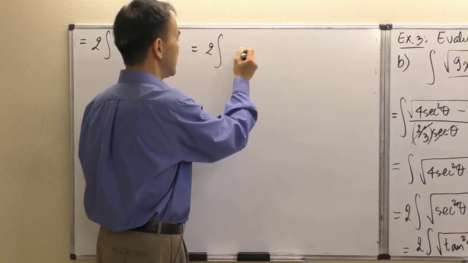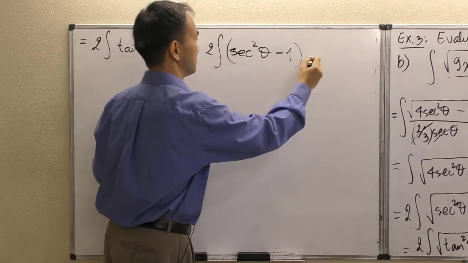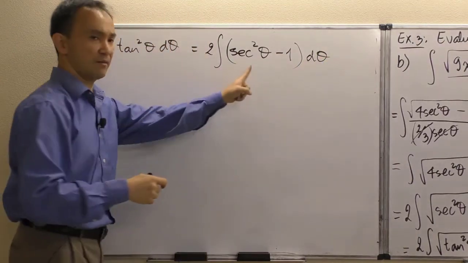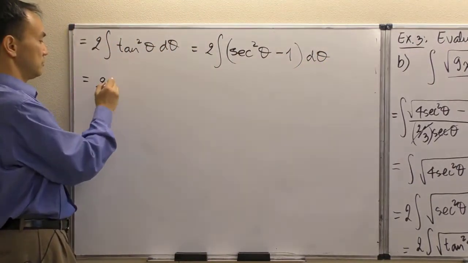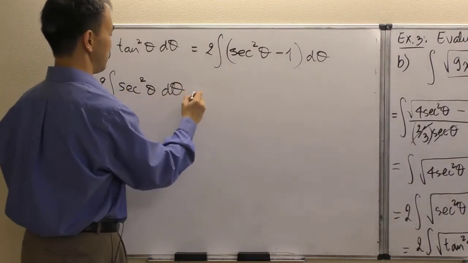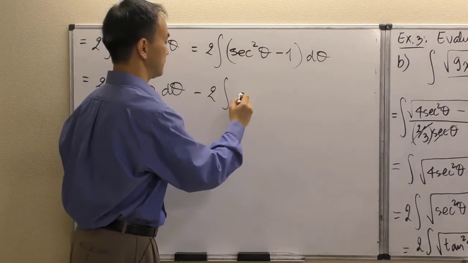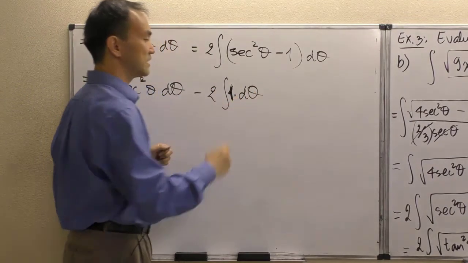Tangent square is secant square of theta minus 1, with a d theta. So that means now I have 2 terms, and so I'm going to write it as 2 integral of secant square theta with d theta minus 2 integral of d theta. Technically it's a constant 1 times d theta.